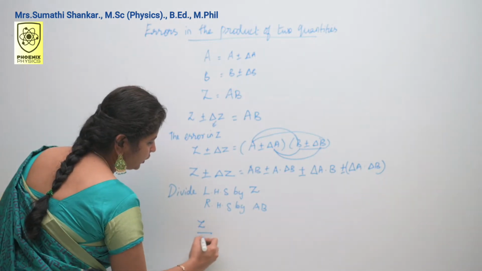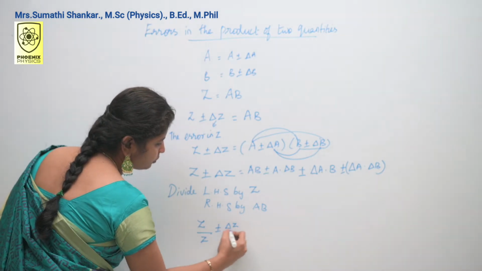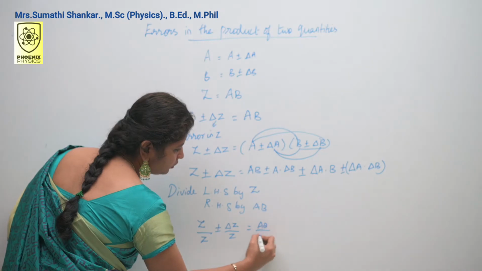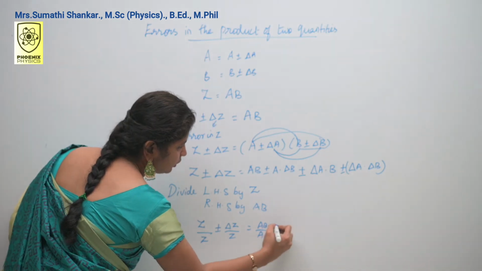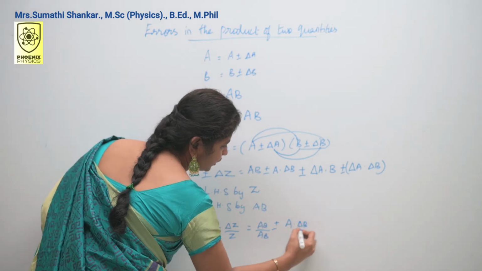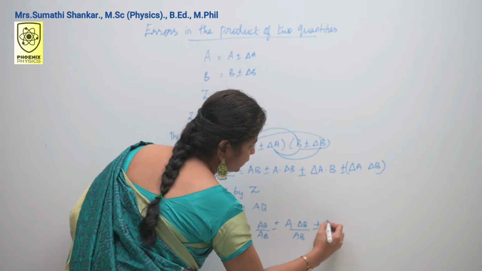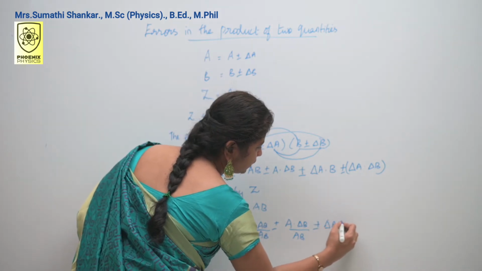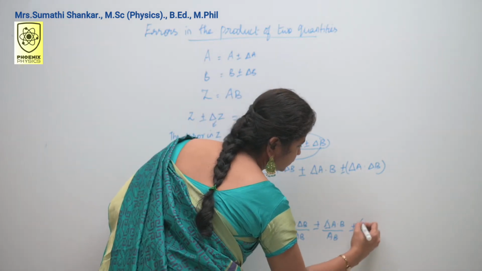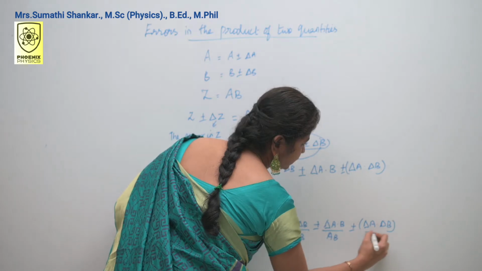Left hand side is divided by Z, plus or minus delta Z by Z, that is equal to AB by AB, plus or minus A delta B divided by AB, plus or minus delta A B divided by AB, plus or minus delta A delta B divided by AB.